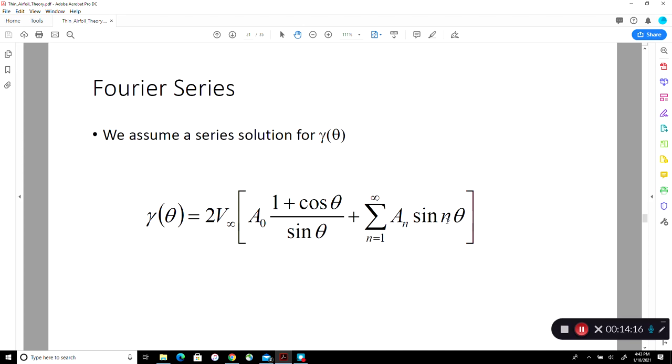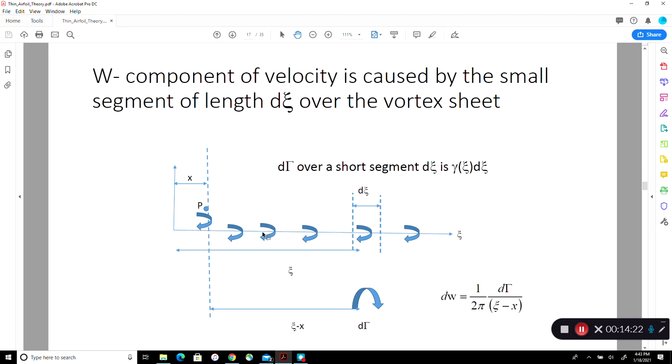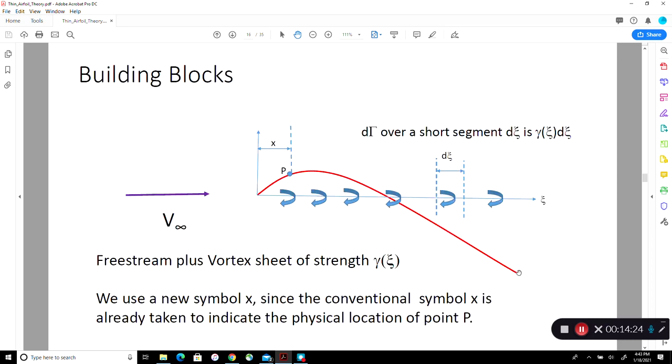That means there should be no vortex at the trailing edge. Otherwise, the flow will go around the trailing edge. So if there's a vortex here, it will push the flow this way. If it is a counterclockwise vortex, or if it's a clockwise vortex, it will push it this way. So right at the trailing edge, this vortex d gamma must go to 0.